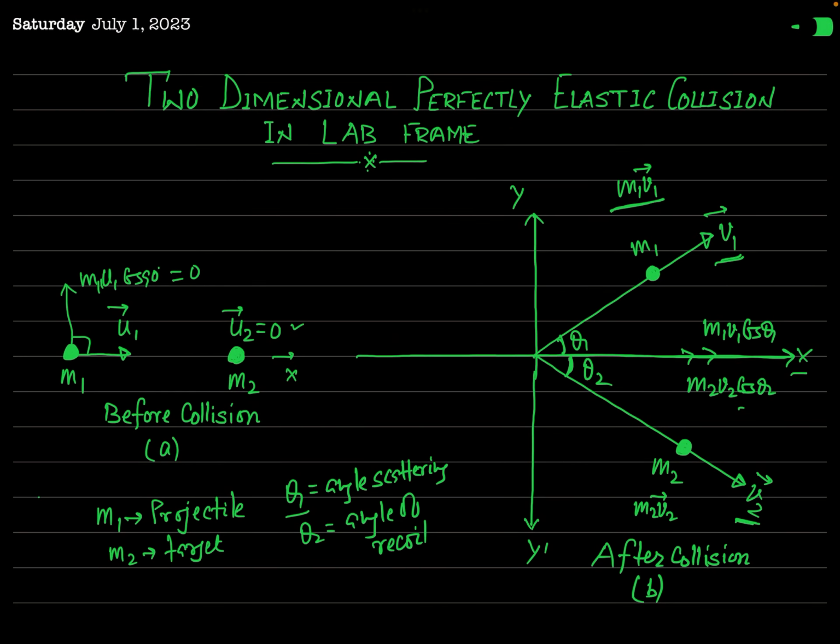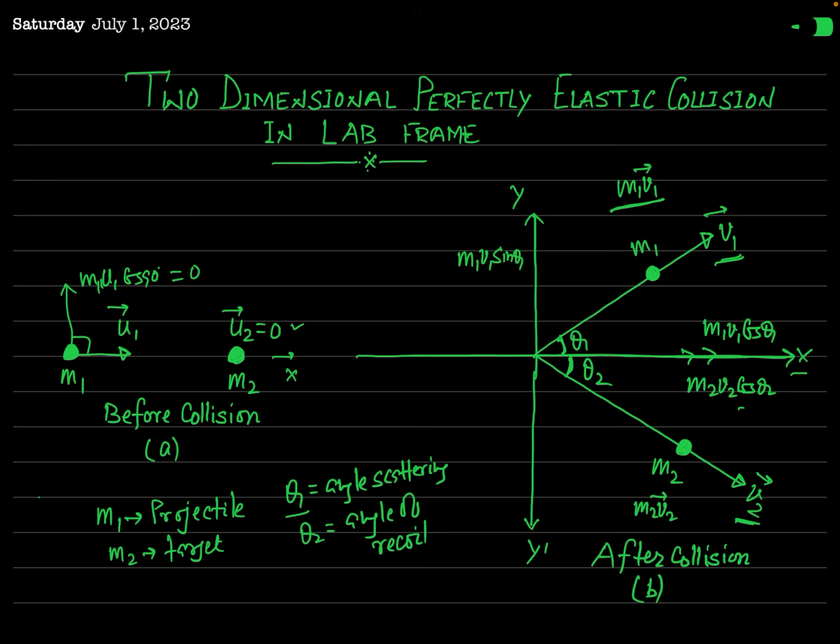Now again see the figure. m1 v1, this is the linear momentum of mass m1 after collision, and it makes an angle theta 1 with the positive x-axis. Okay. So the y component of this momentum will be what? This will be m1 v1 sine theta 1, and it is directed in positive y direction.